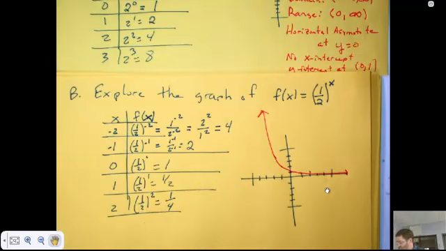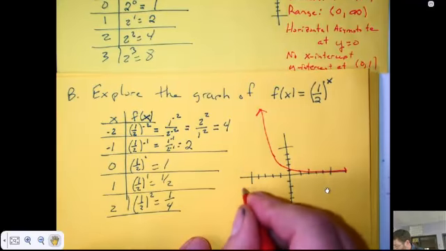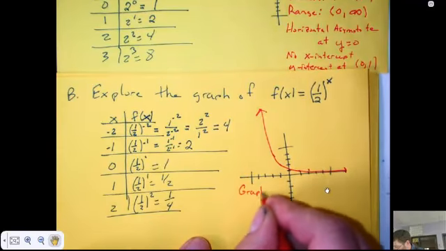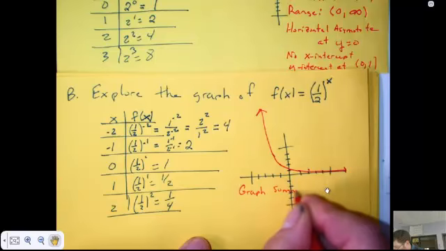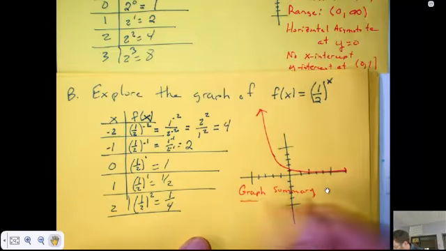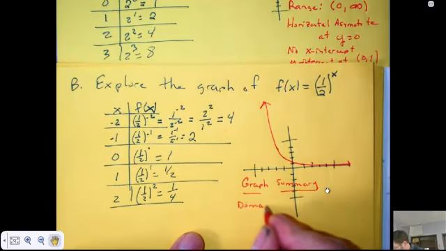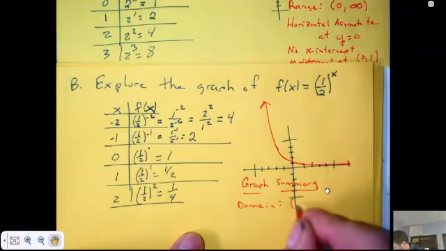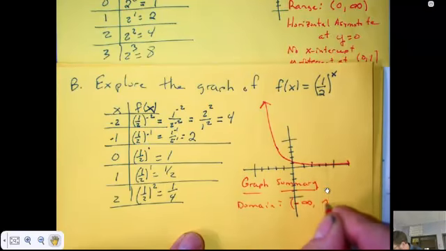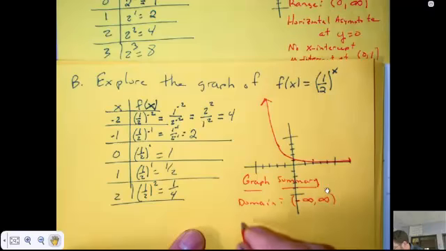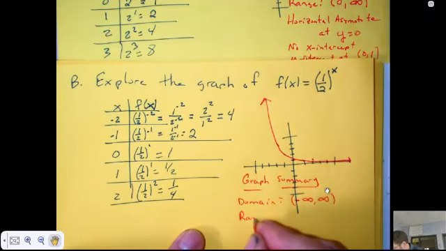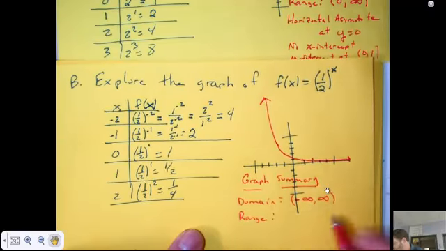Now, if we look at our graph summary, we get a lot of the same things as last time. So my domain is what? Sure, the domain is the same. The range, well, in fact, that's the same, 0 to infinity.